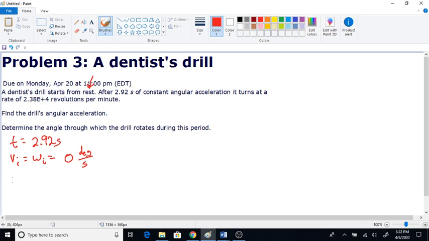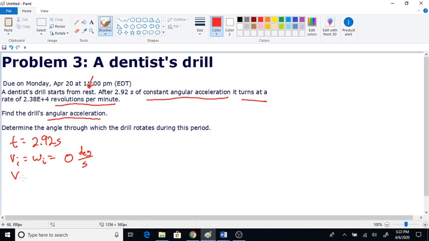Now, they also tell us it has constant angular acceleration, and it turns at a rate of this many revolutions per minute. So this is the final velocity, and it wants angular acceleration, or alpha.